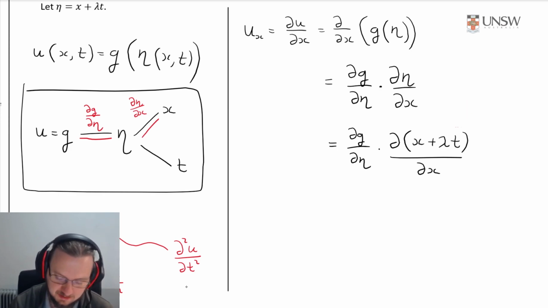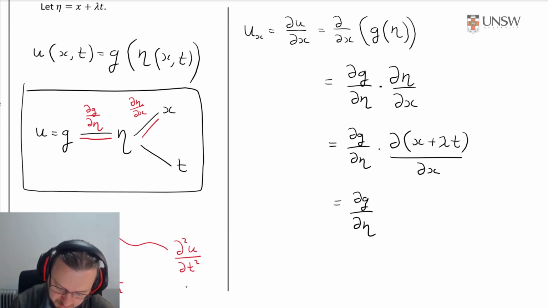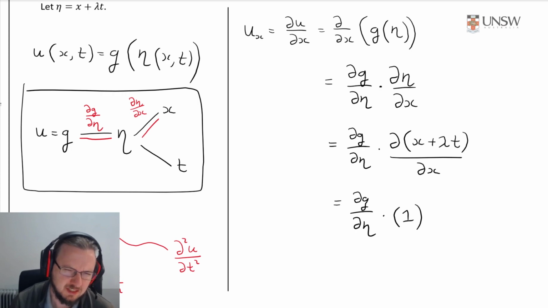So as far as x is concerned, these two terms here are both constant. So the only thing that really matters is the x, and when you take the derivative, that's going to be the partial derivative of g with respect to eta times, well, the partial derivative of x with respect to x is 1. And if I'm multiplying by 1, I usually don't write that down.